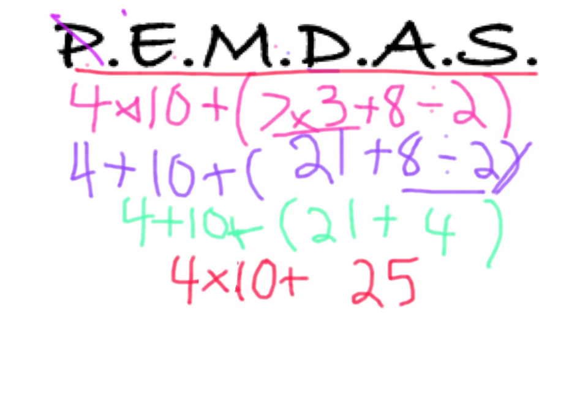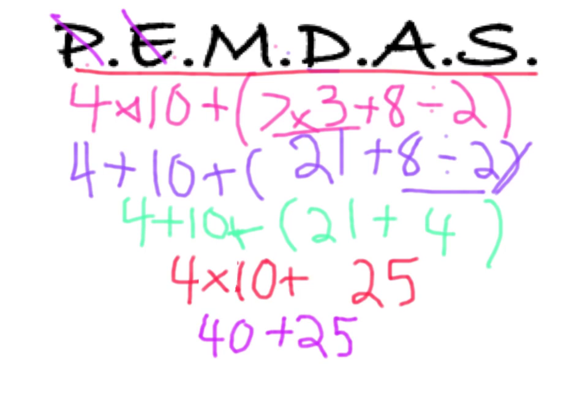We've decided that we have no exponents, but yet again we have multiplication. We know 4 times 10 is 40. Then we have the plus 25 here.